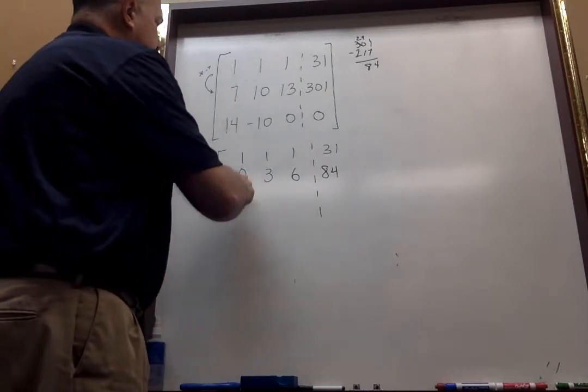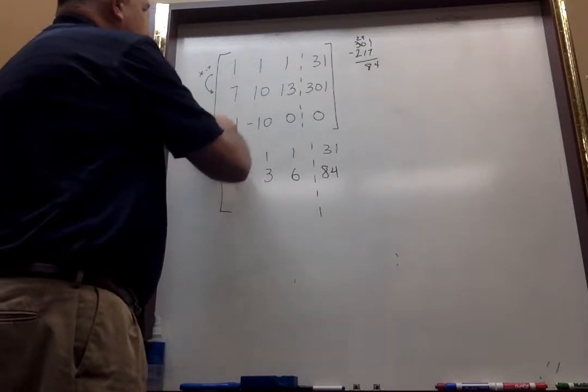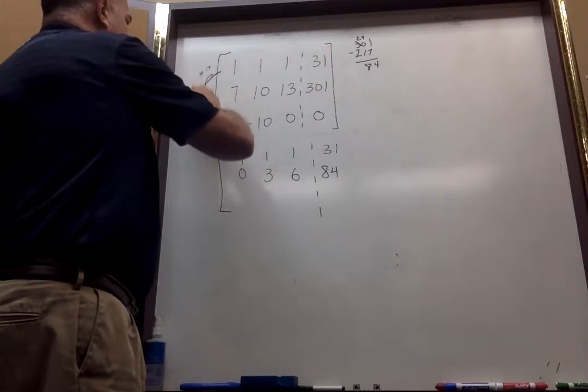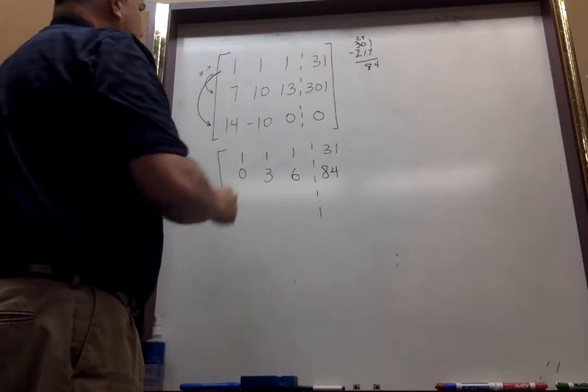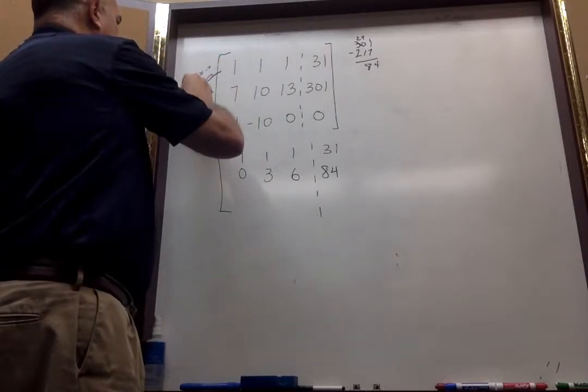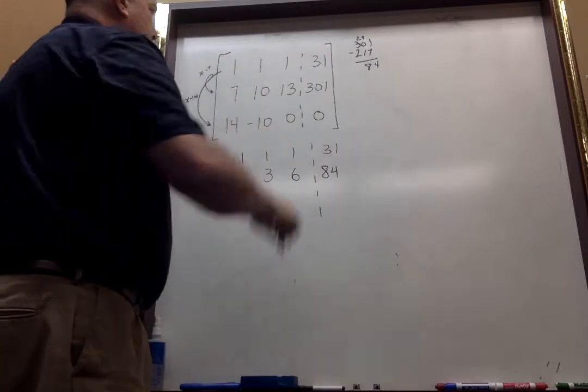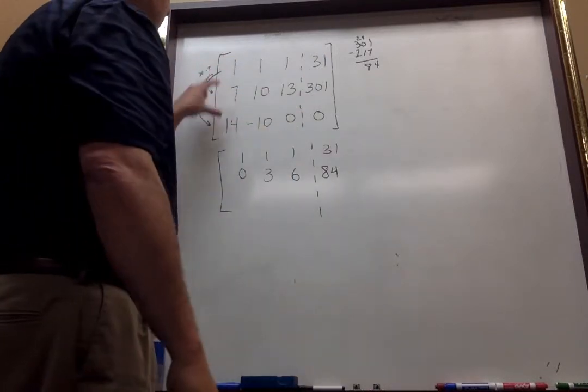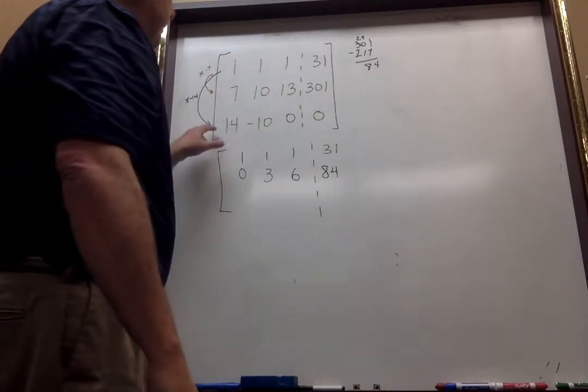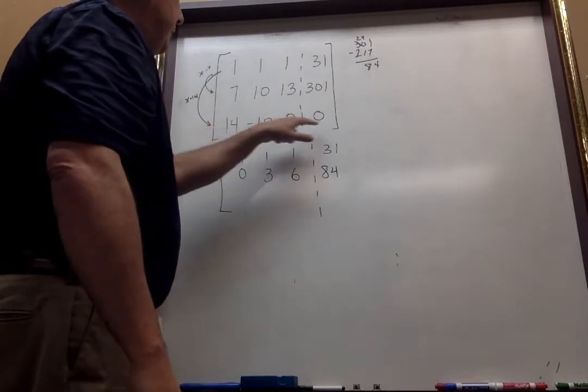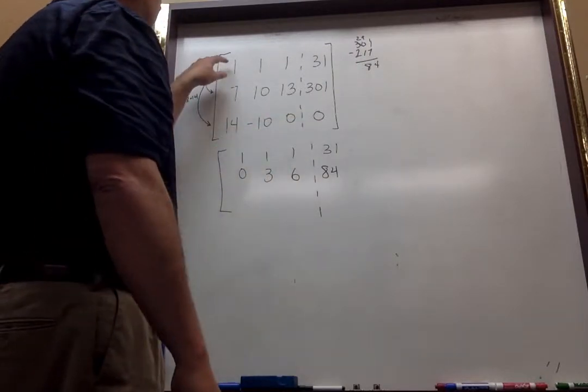Next step is I want to get a 0 here. So to do that, I'm going to use that same row, and I'm going to multiply the first row by -14 and add it to the last row. So again, the only row that changes is going to be the row I'm adding to, so that would be the third row.